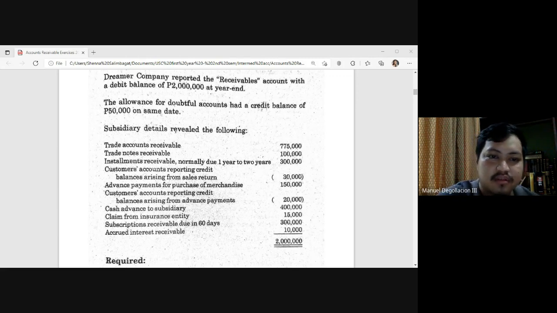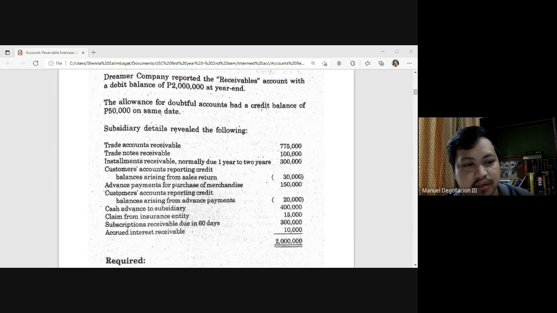Customer's account reporting credit balances arising from sales return. Will that be included in our computation of total trade and other receivables? Because why can you not speak, Ms. Apali?